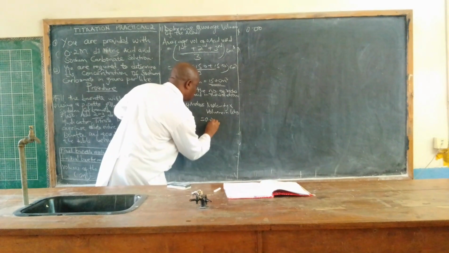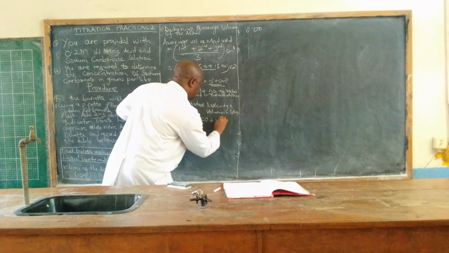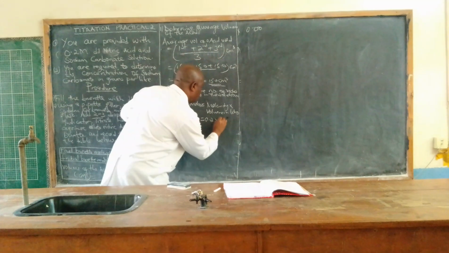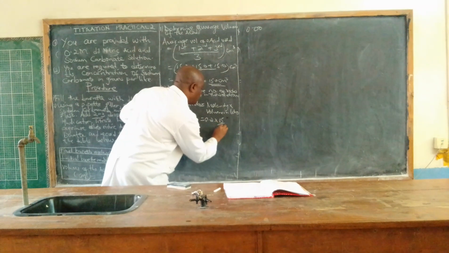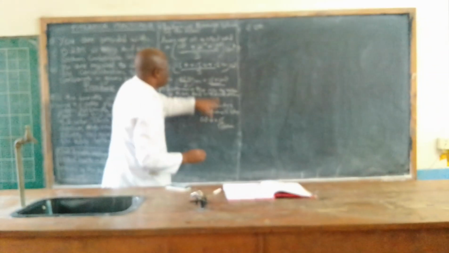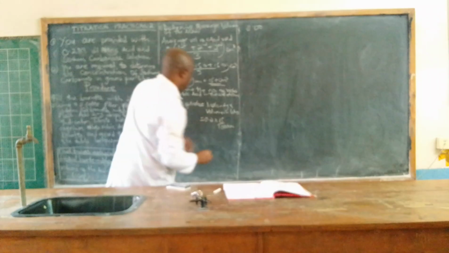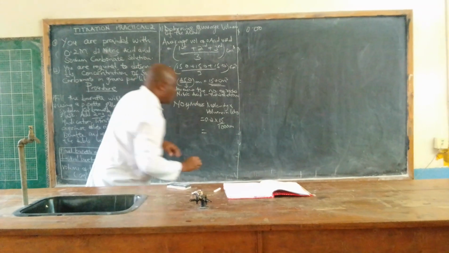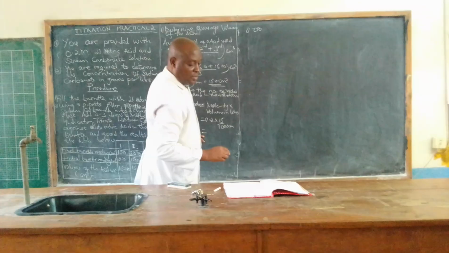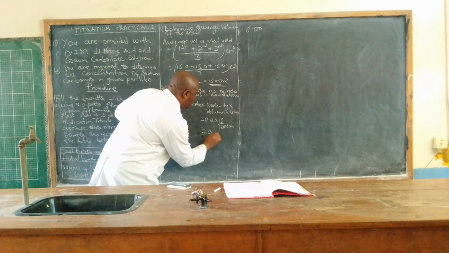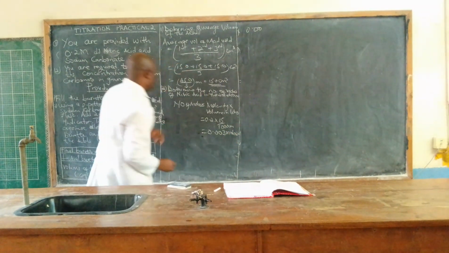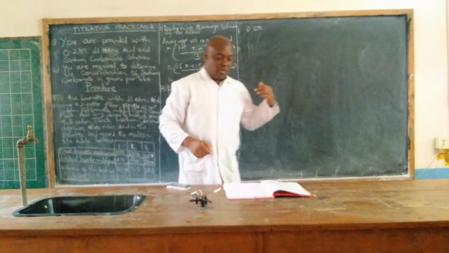So we say 0.2 times the volume in liters. Remember, the volume in liters will be given by 15 over 1,000, because we are using this average volume in cubic centimeters over 1,000. When you do your mathematics properly, this gives you 0.003 moles. So we have answered question 2.